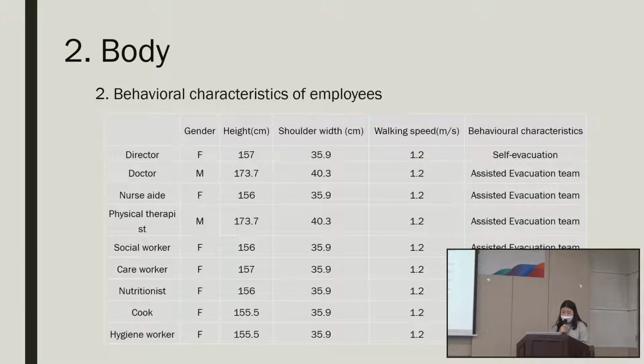The walking speed of the employees was 1.2 meters per second, which is the walking speed of a healthy person with a mind and body familiar with the facility. To help residents who cannot escape on their own, an assisted evacuation team was designed.